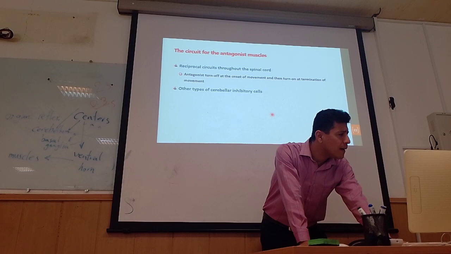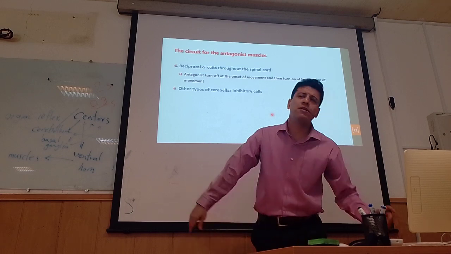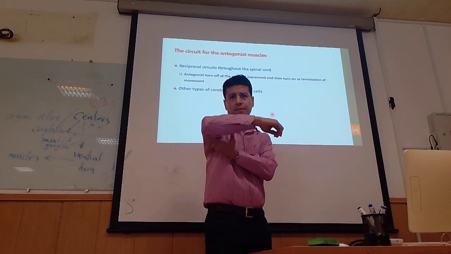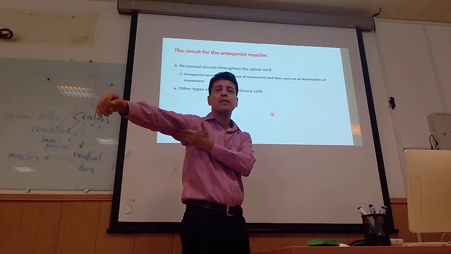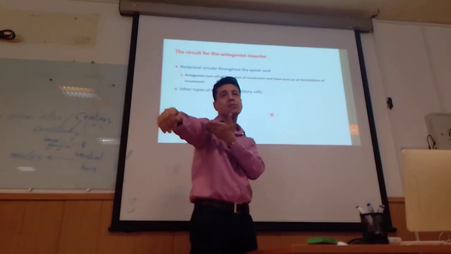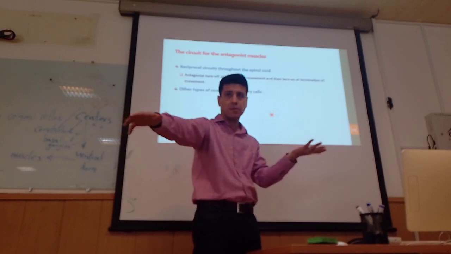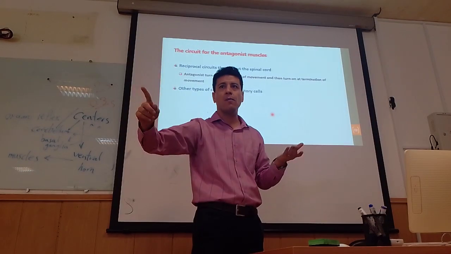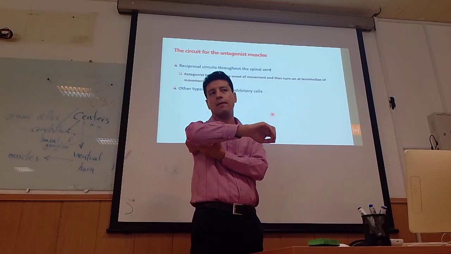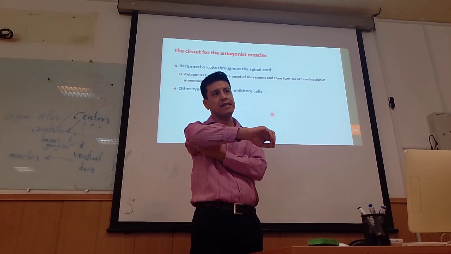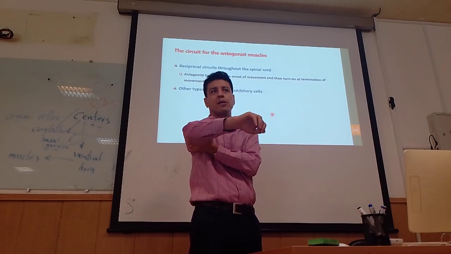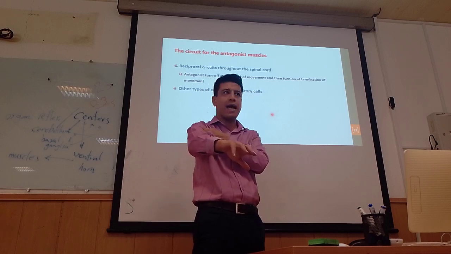Now, we talked about the agonist muscle, right? But for any movement, the antagonist muscle should also be relaxed. We have seen that the cerebellum aids at the beginning and at the end of the movement in the agonist muscle. So the antagonist muscle should be relaxed.